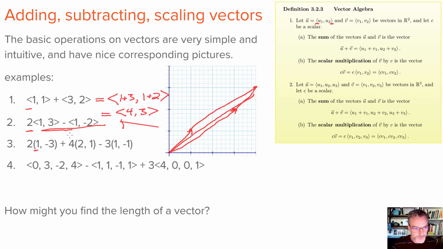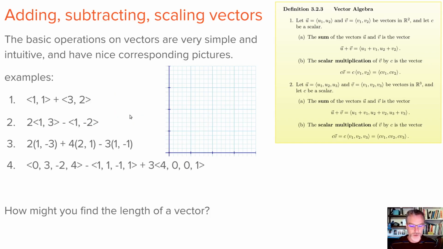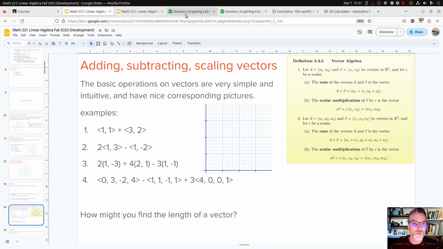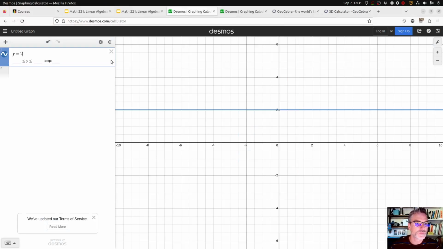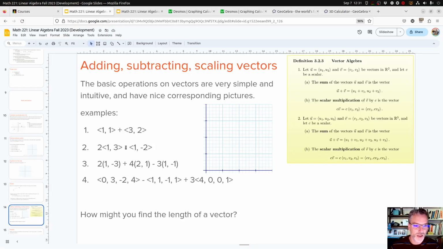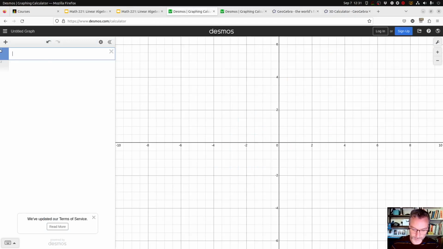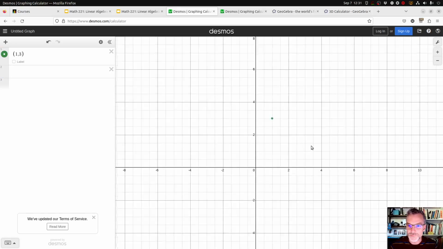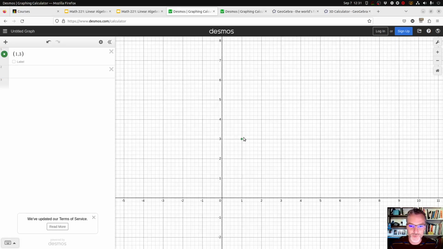Okay, now let's talk about this. This is a scaling of a vector. And to look at it, let's go back to Desmos, and we'll write out a vector. We'll put down that vector, 1, 3. You just simply type it in like this. There it is, that green point sitting here.